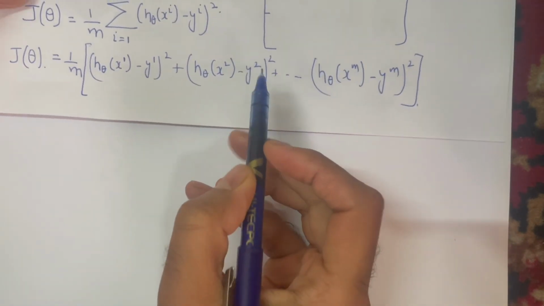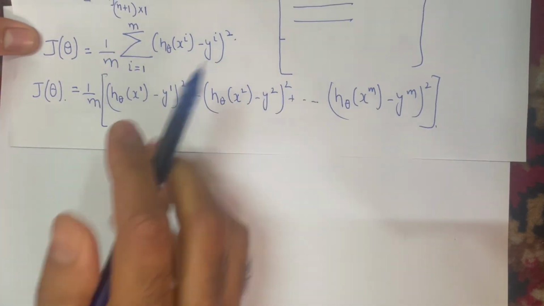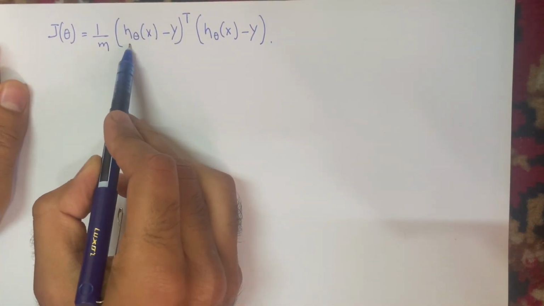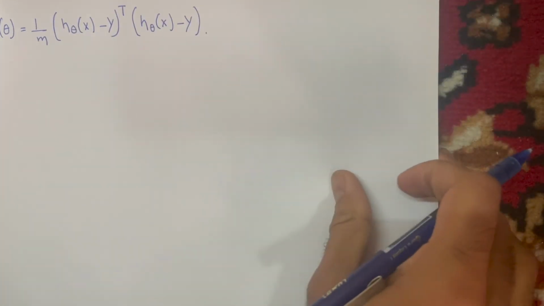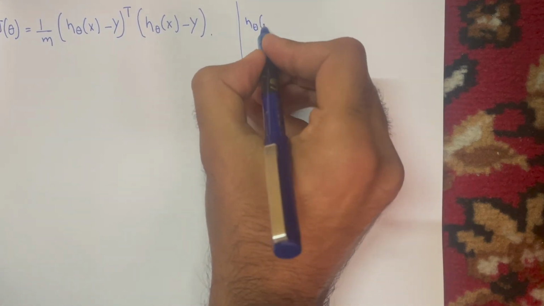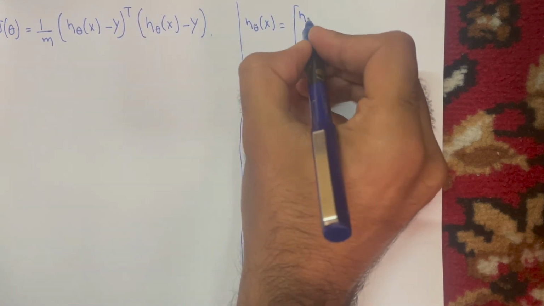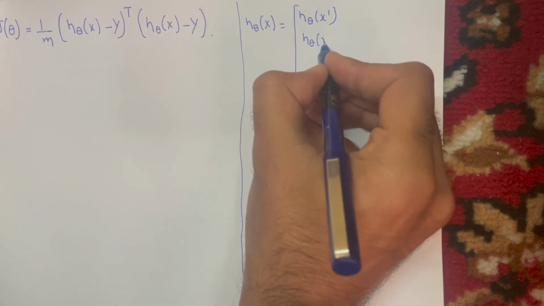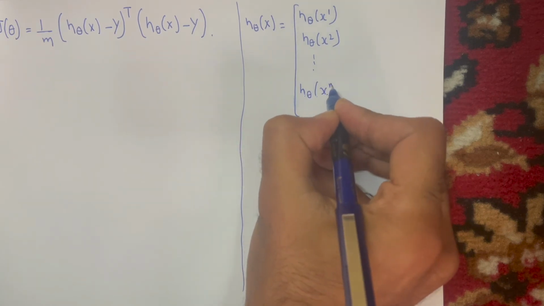I am saying that this particular summation, in its expanded format, can be written in matrix format like this. Let me show you here. So what is our h theta x in matrix? It is h theta x1, h theta x2, ... h theta xm.